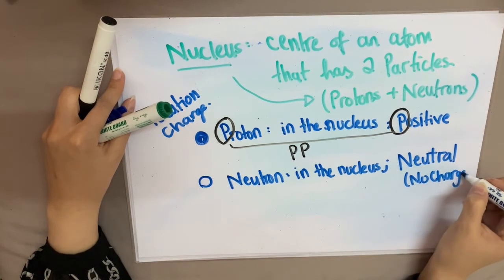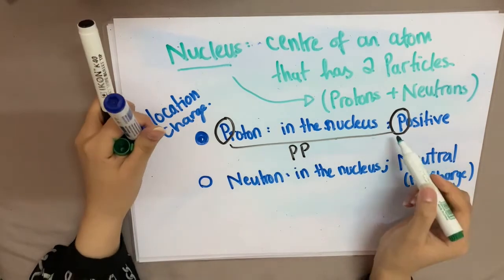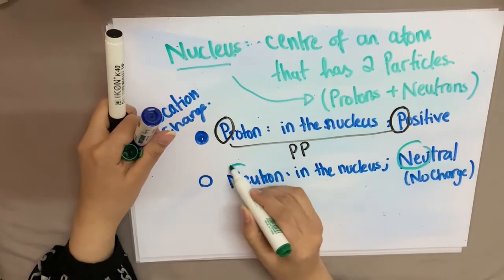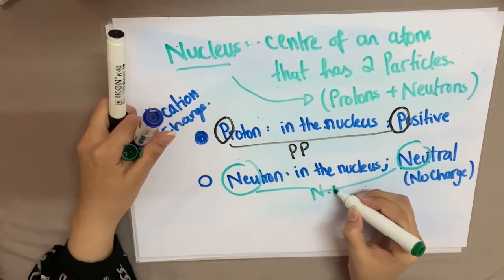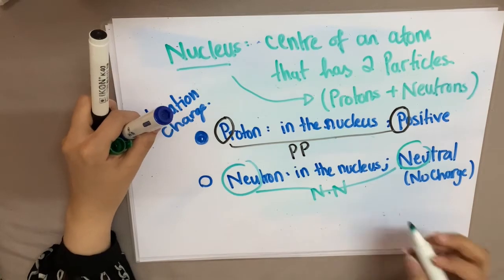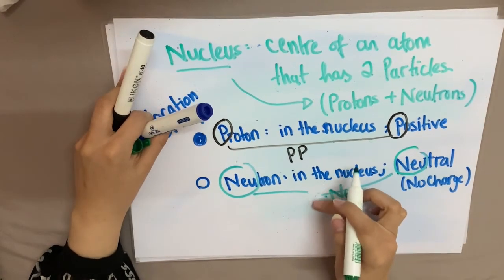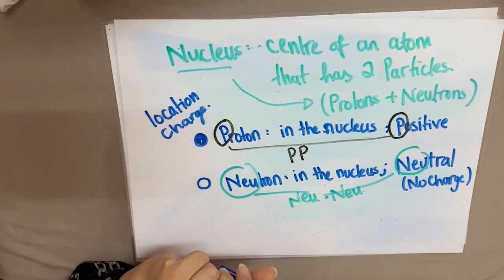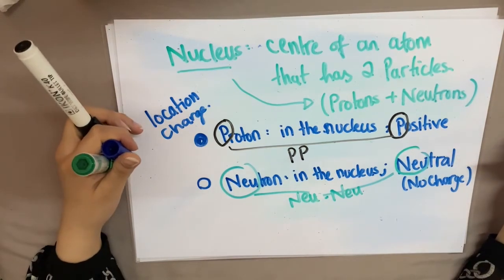If you have no charge, you're neutral. So, just like we linked P and P, positive proton, we link nu and nu, neutron and neutral. So, neutrons are neutral. These two are in the center of an atom.